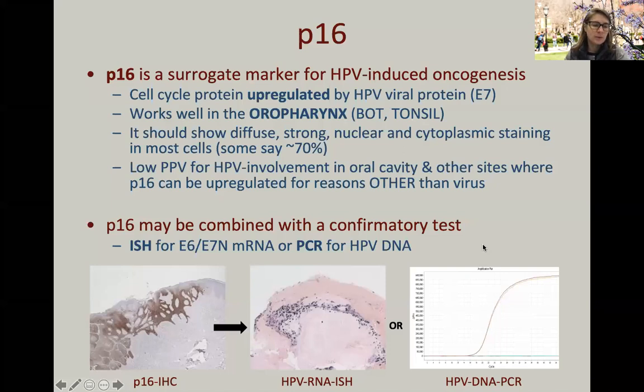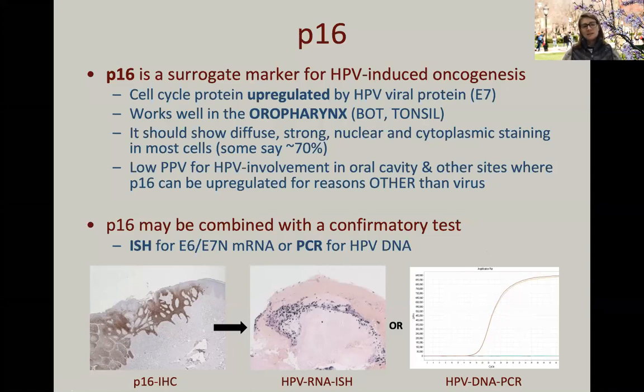Therefore, we sometimes use immunostains, or in this case, P16, to help us identify tumor. P16 is a cell cycle protein that is upregulated by the HPV viral proteins E6 and E7 that are transcribed by the host genome. I'll talk about E6 and E7 a little more in a second.